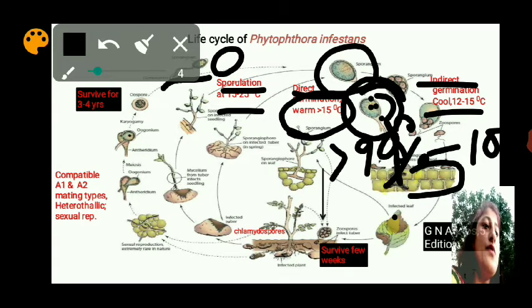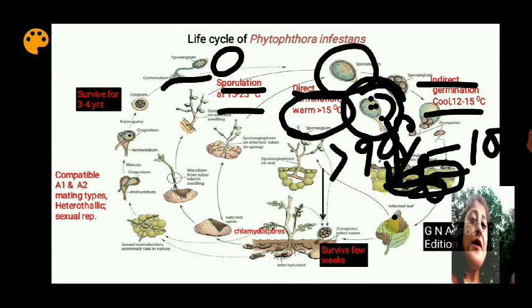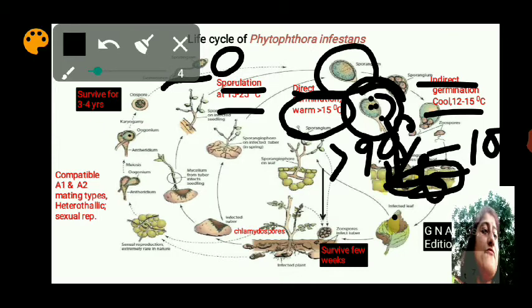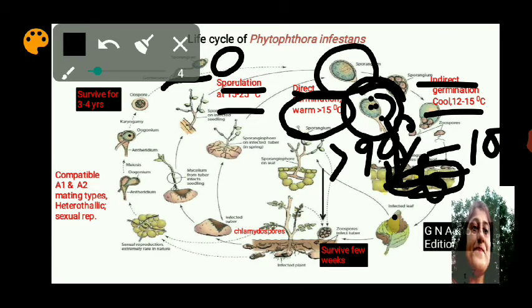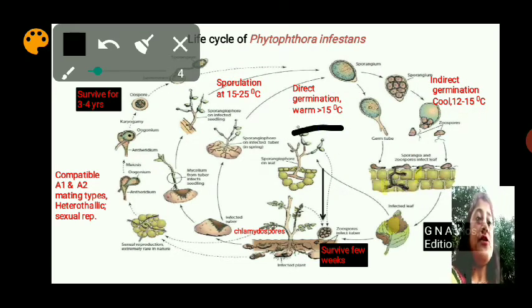When they lodge on the surface of the host, they invade the internal tissues by forming appressoria or peg, and then they multiply and ramify within the host tissue, and in the intercellular spaces they form sporangiophores, and new sporangia are produced. So, this is the direct germination.